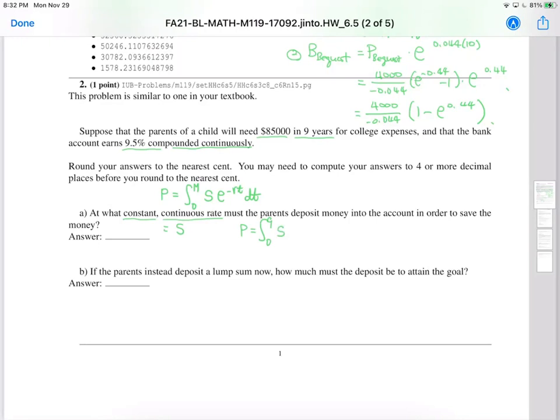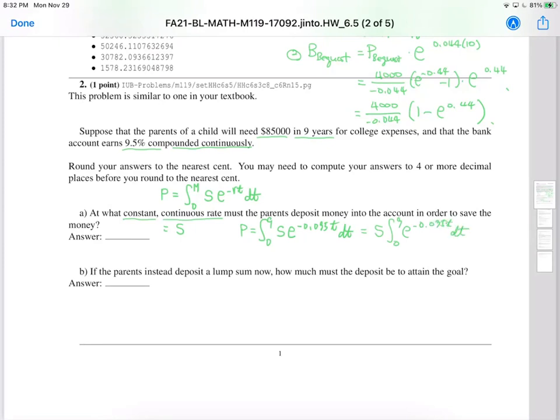We want to find e to the rate 0.095 t dt. Okay, let's compute this one. Then S is constant. And from 0 to 9, e to the negative 0.095 t dt.